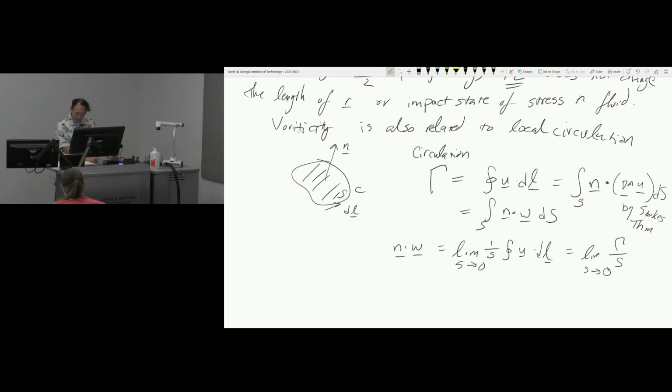So if you have a non-zero vorticity, you're going to have some circulation as you go down to a point. And what is circulation? It's integrating your velocity as you go around this closed contour. So if that's non-zero, that means your thing is spinning around, right? That's also related to the angular velocity, which is defined at a point, but as we shrink S you get closer and closer to that value. So whether things spin around or not has to do with the vorticity, and that has to do with circulation.